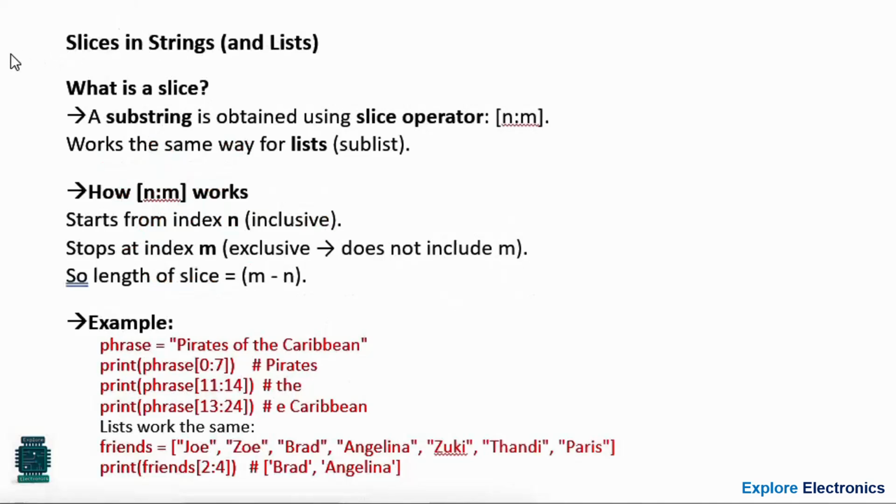And the next concept is slicing in strings, which is a very important concept. What is a slice? A slice is a substring, obtained using the slice operator, which is n colon m. A slice is the elements present in the string, but only a part of that string.